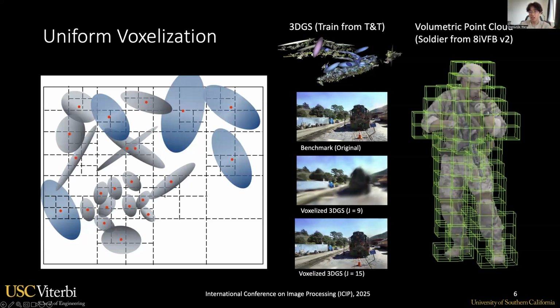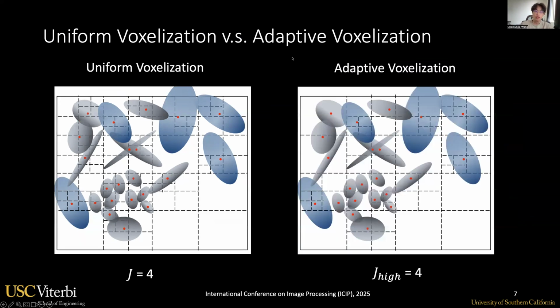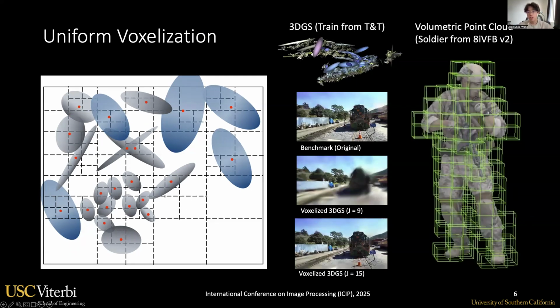For some local regions, there are very sparse large Gaussians. Another thing is that in a 3D point cloud, each point contributes equally to the rendered images, but in 3DGS, a large Gaussian contributes more than a small Gaussian because it influences a larger region in the rendered images.